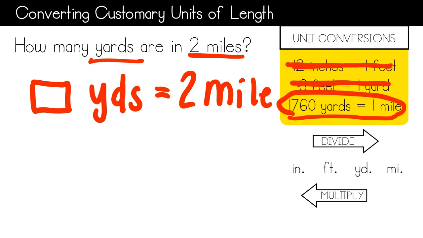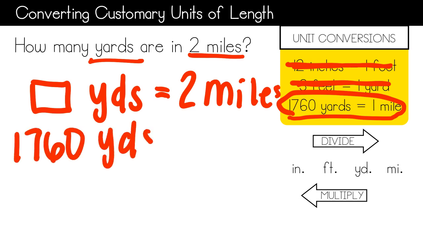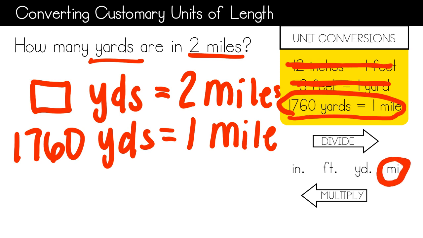That's what our problem is telling us. Now our unit conversion says that 1,760 yards equal 1 mile. So we know that we have 2 miles, and we're trying to see how many yards that is going to be.